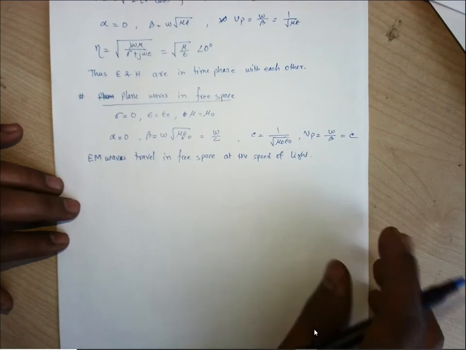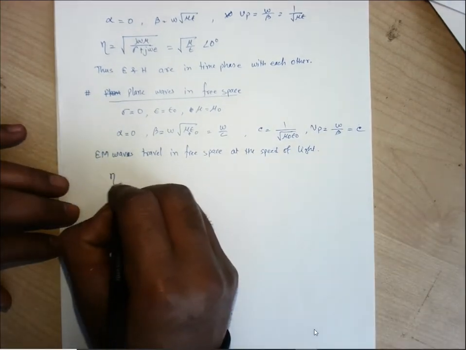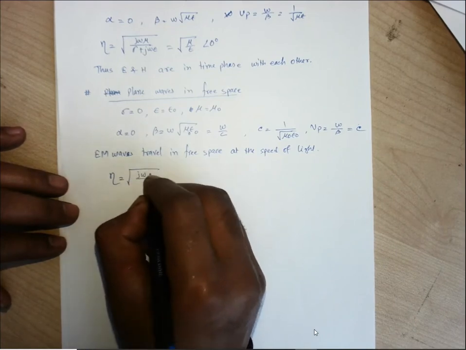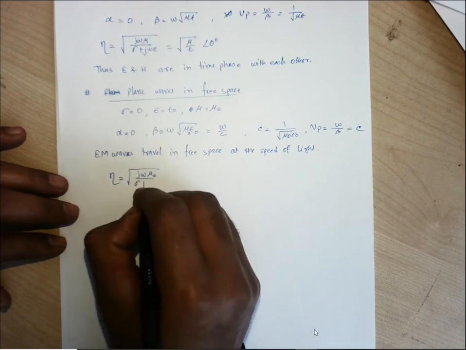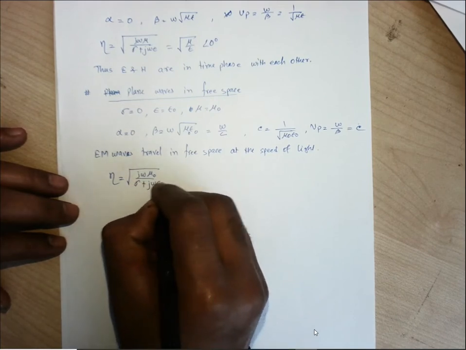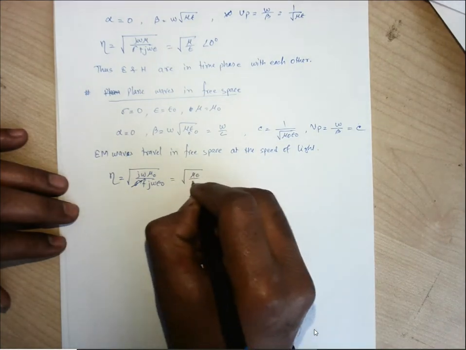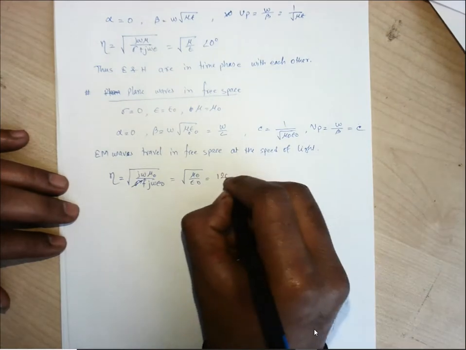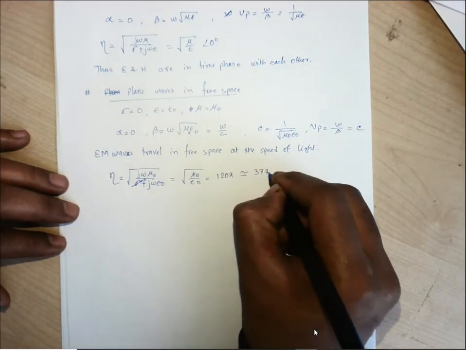So for this case, when the wave is propagating in free space, what will be the intrinsic impedance? It is j omega mu over sigma plus j omega epsilon naught. So obviously this sigma will become 0. So that will be root of mu naught by epsilon naught. If we put the numerical value, it will come out as 120 pi or approximately 377 ohm.